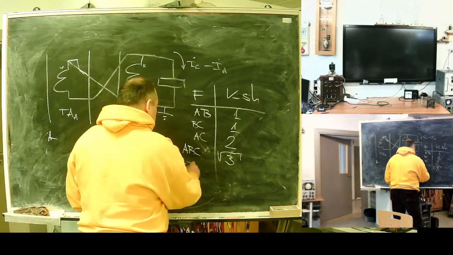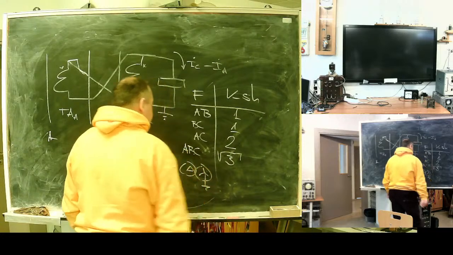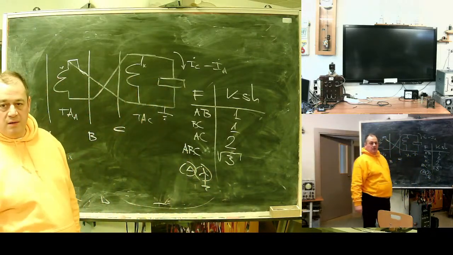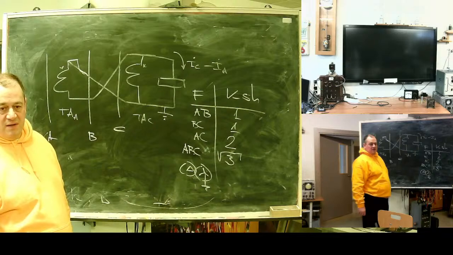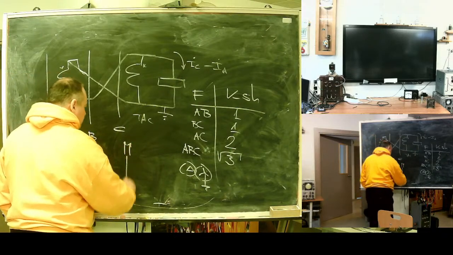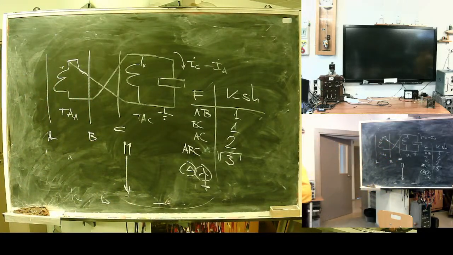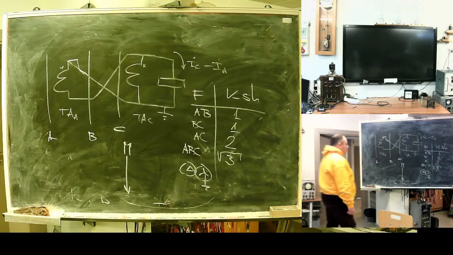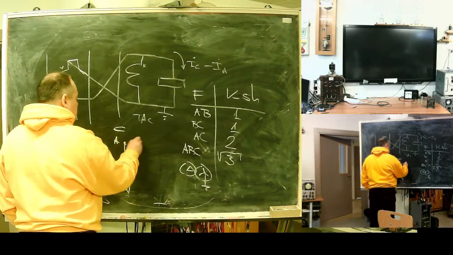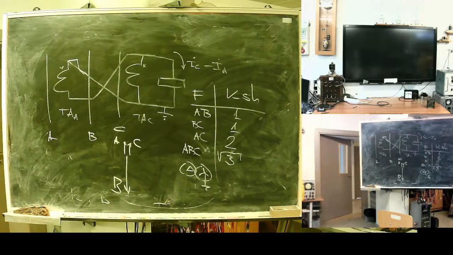Fold transformer. What will be the lowest schematics factor? If we have 1, 2, if this is A, this is C, and the long one is B. Yellow.